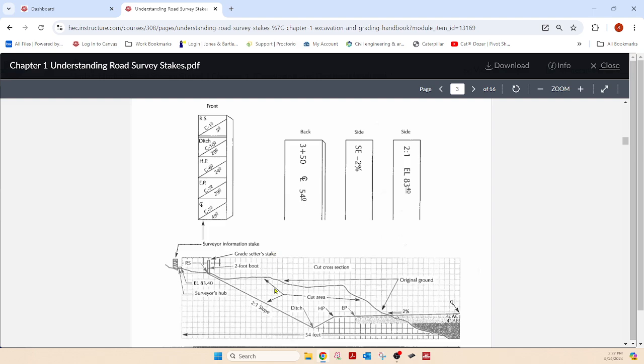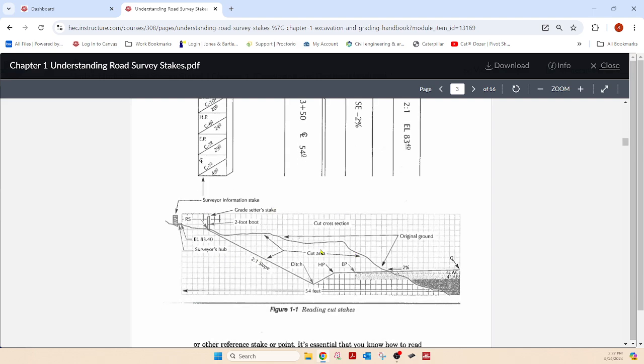So let's look at what we're looking at. Like you did if you went through estimating, the first thing you do is see what the plans have to offer. What kind of information can you get off the plans? Well, this tells us is the original ground right here. So we're starting up here at the top.